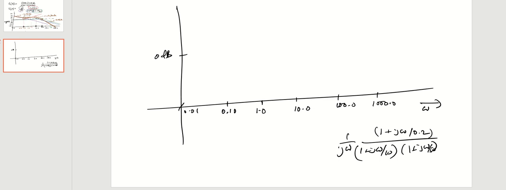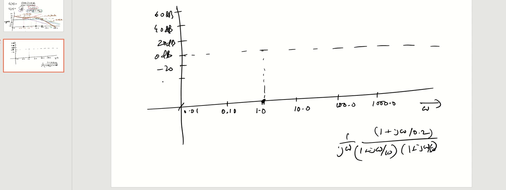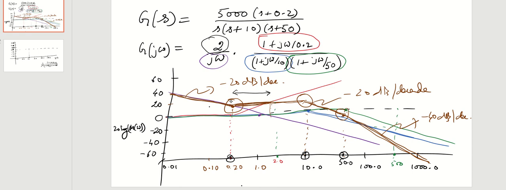Okay. So now I know that this 0 dB line is supposed to be crossed by this. So in one shot now, I will attempt to draw this whole plot. Okay, 20 dB, 40 dB, 60 dB. This is minus 20, minus 40, minus 60. Of course, I did not account for the corrections, which is what I had done the other day.